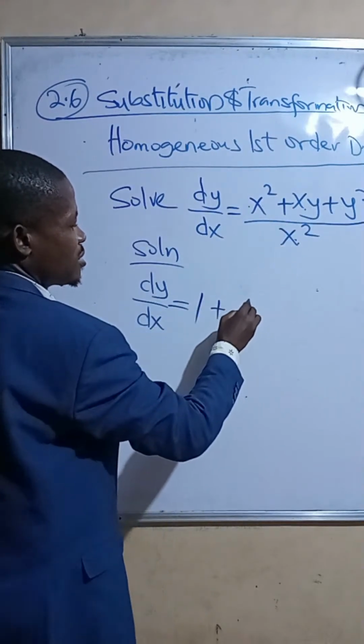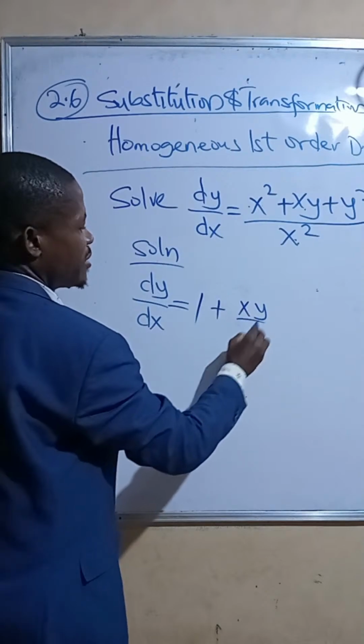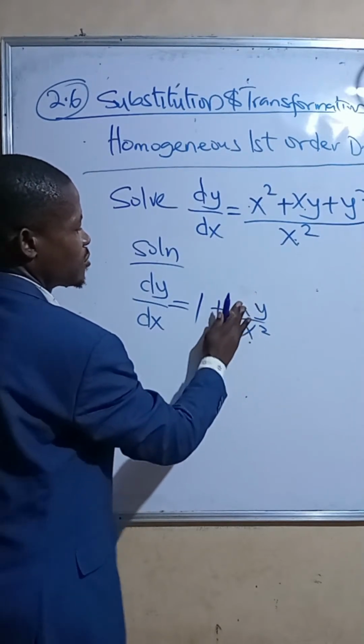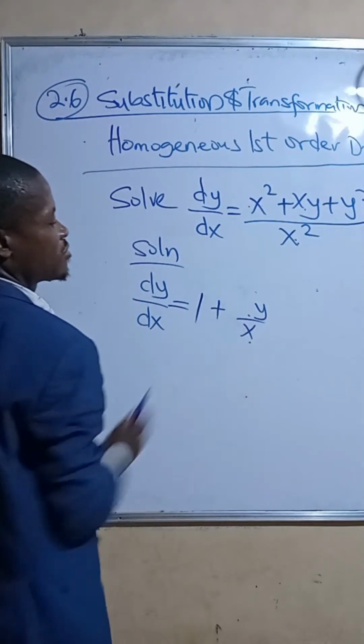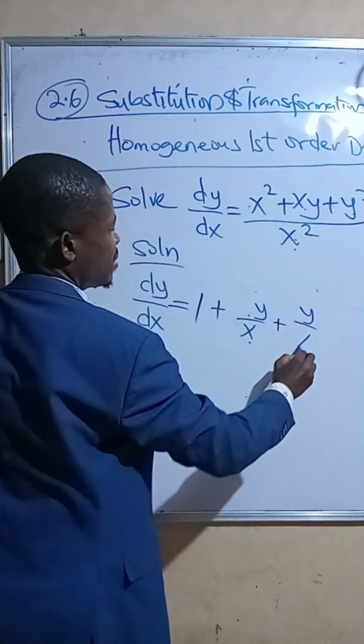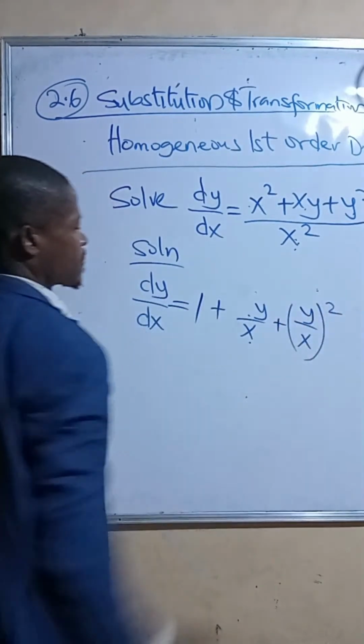That will be this one over this, so this one and this one cancel. So we have y over x, and finally this one over this one, which is y over x squared.